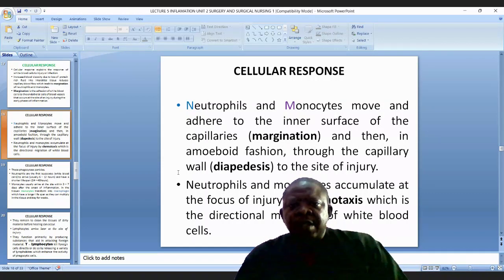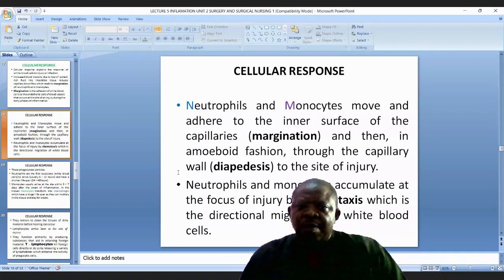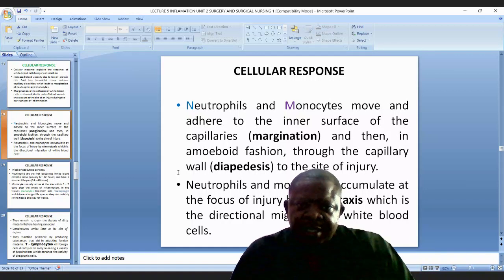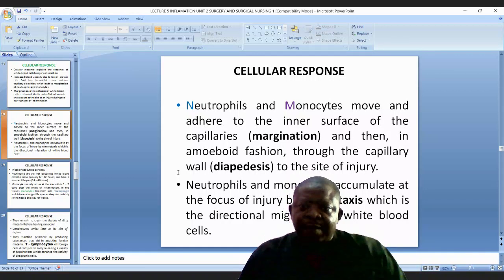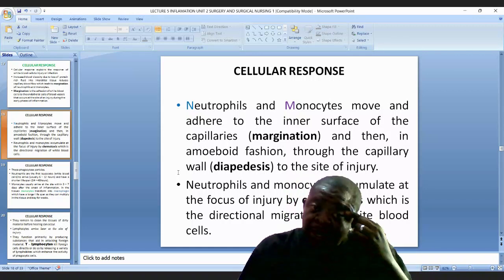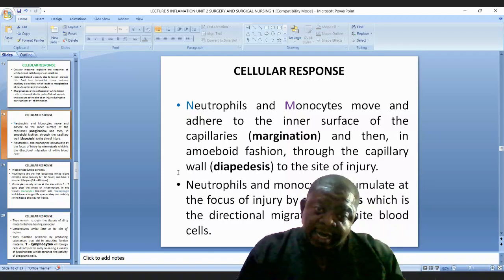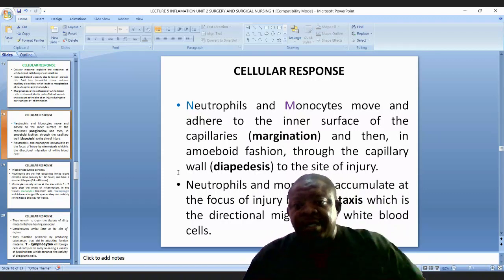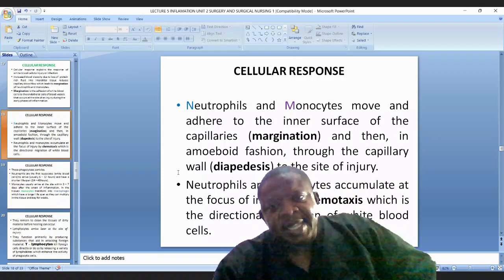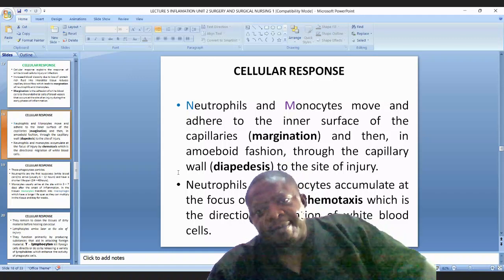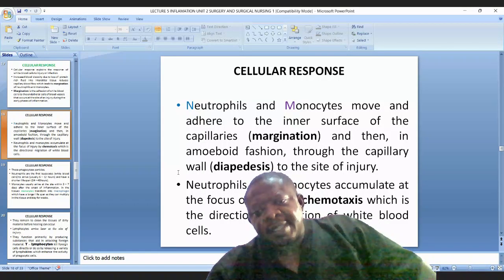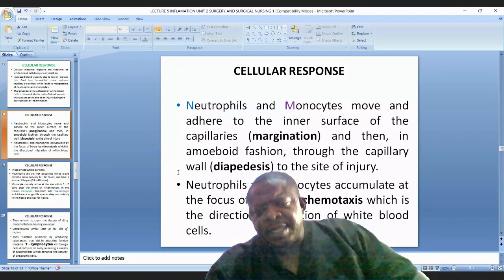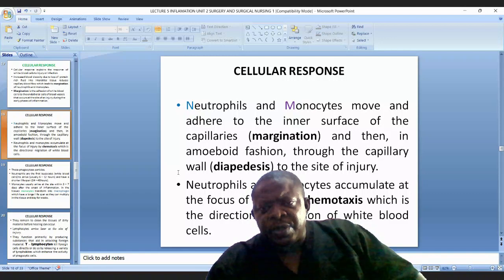So neutrophils and monocytes accumulate at the focus of injury by chemotaxis, which is directional migration of white blood cells. So these that have been attracted within the margins of the blood vessels through margination, okay, there are chemicals that pull them to become attracted or to become attached in that similar fashion to reduce the loss of blood.